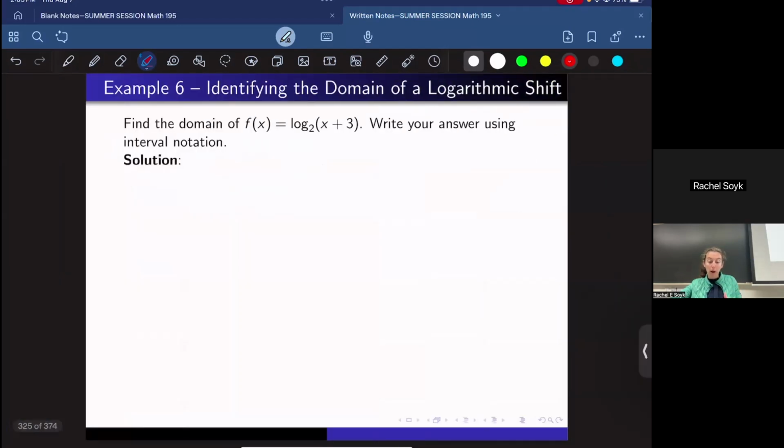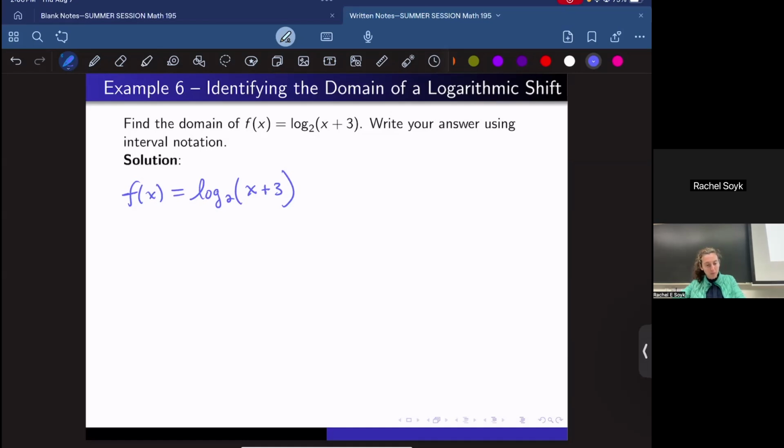So now we're going to practice this in our example 6, where we're given our logarithmic function f of x is equal to log base 2 of x plus 3. So we have a horizontal shift taking place, and we want to find the domain and write our answer using interval notation.